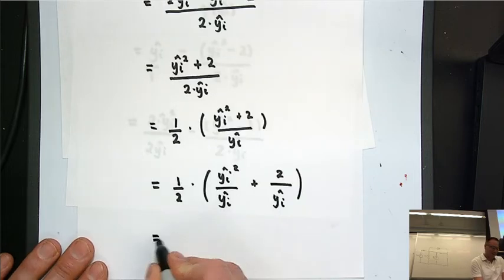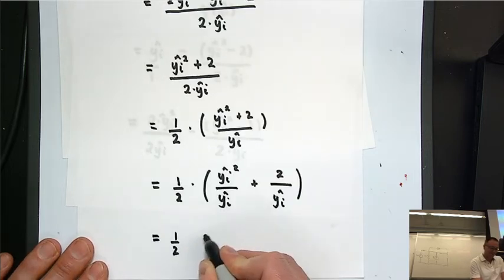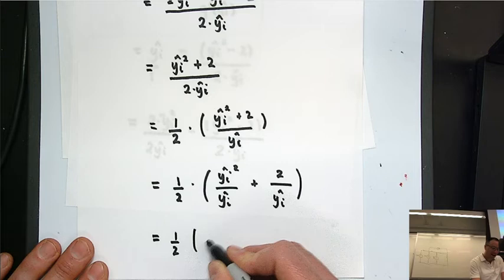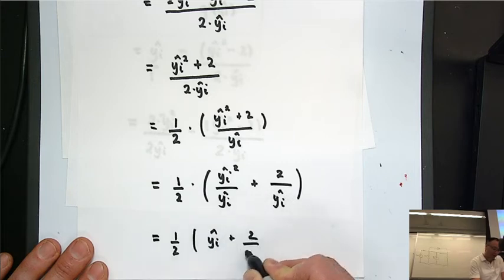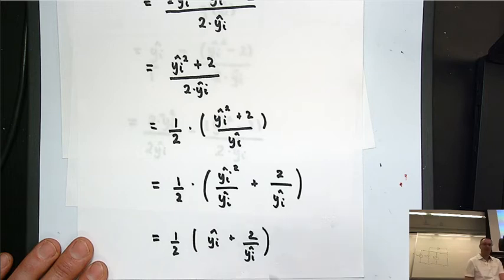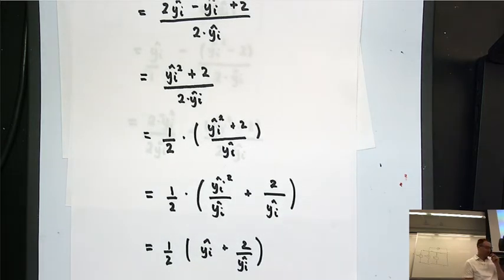All right, now what? So now I've got 1/2 outside of y sub i plus 2 divided by y sub i. What did we do? Let me ask you this.